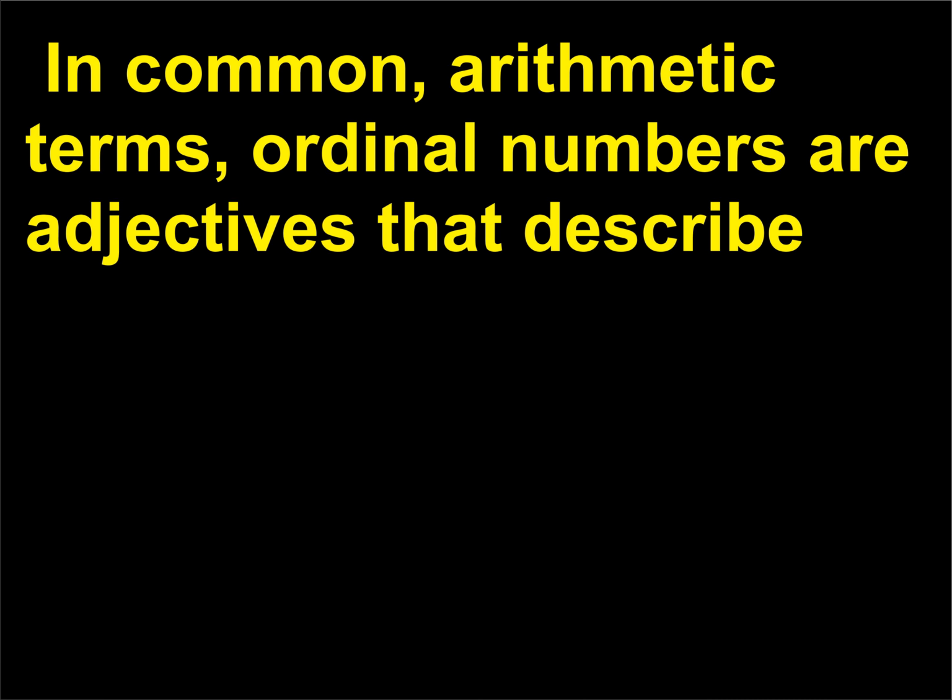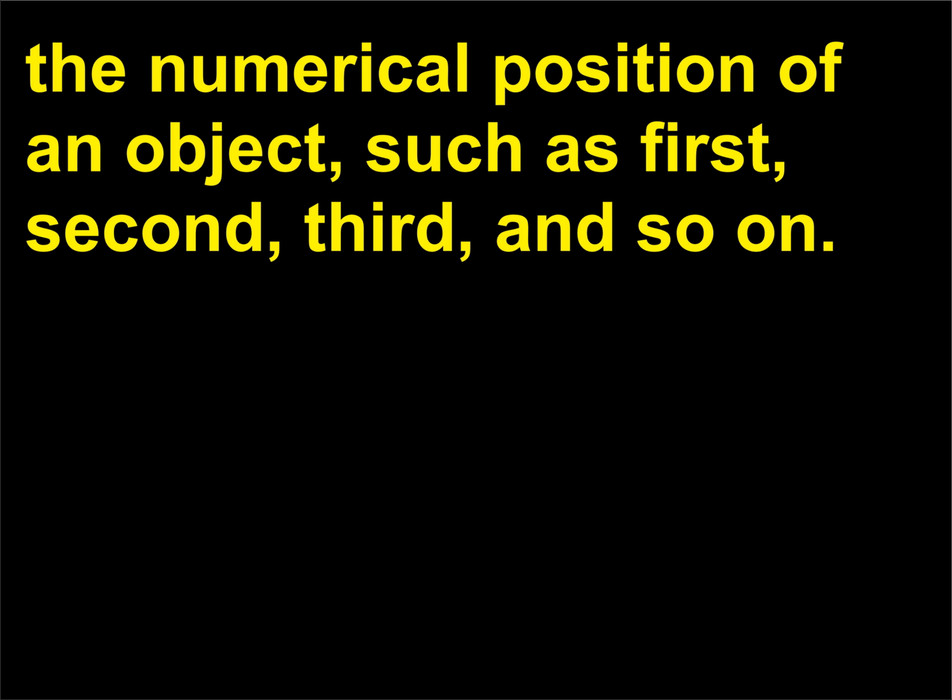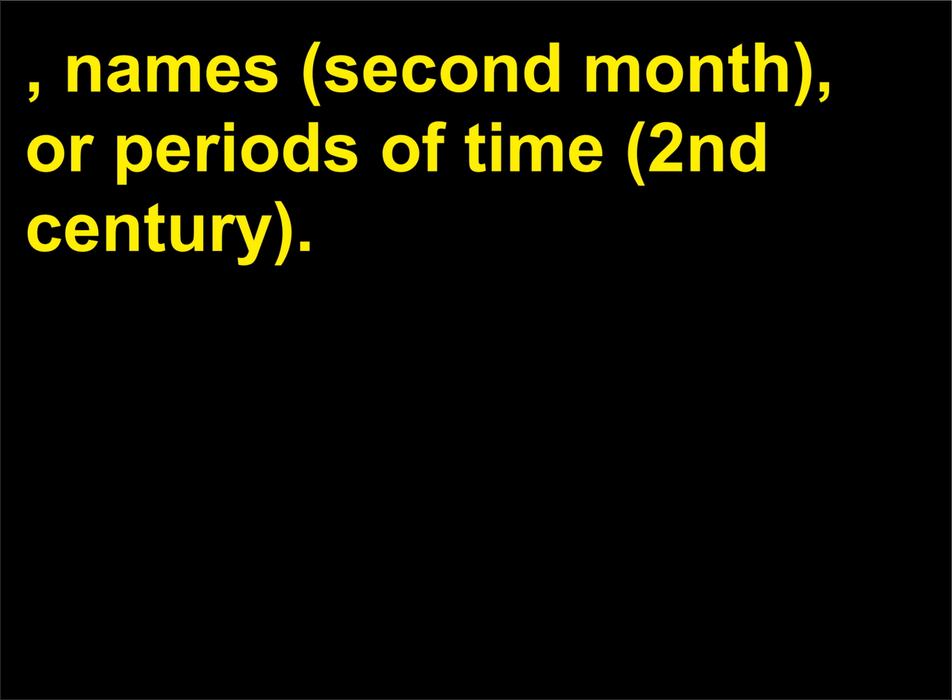In common arithmetic terms, ordinal numbers are adjectives that describe the numerical position of an object, such as first, second, third, and so on. They are used to show the order of succession for objects, second chair, names, second month, or periods of time, second century.